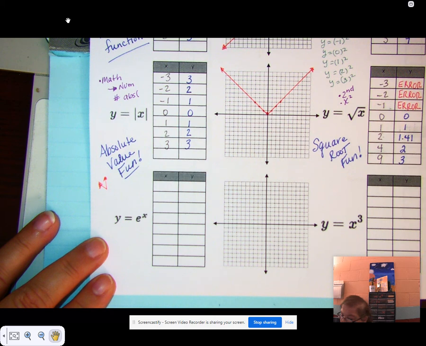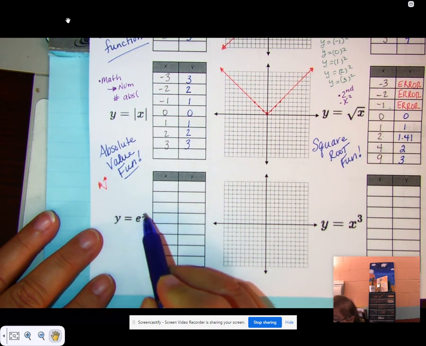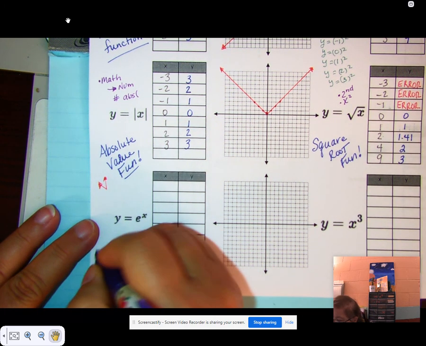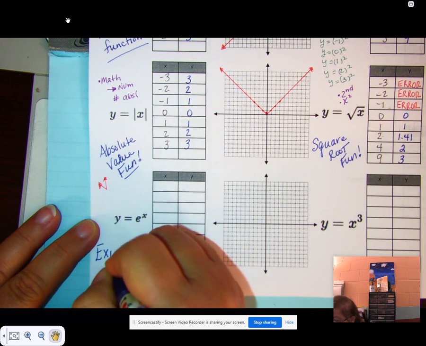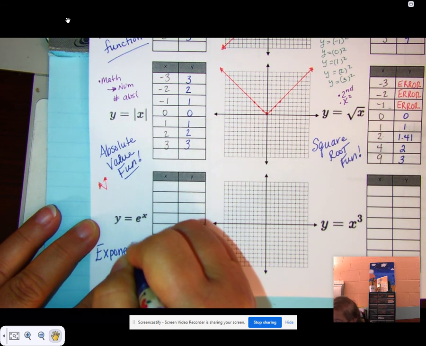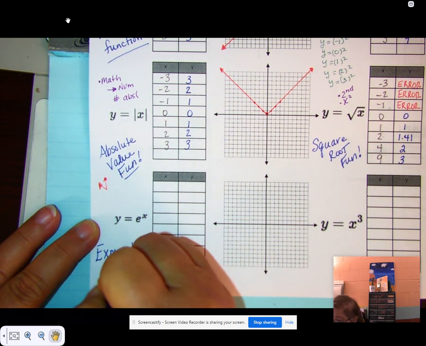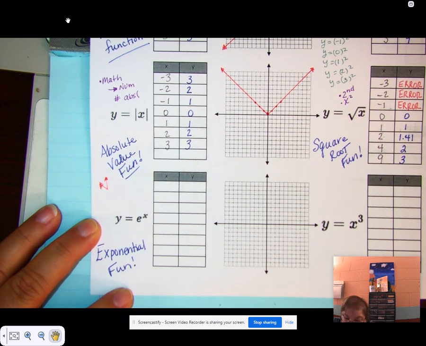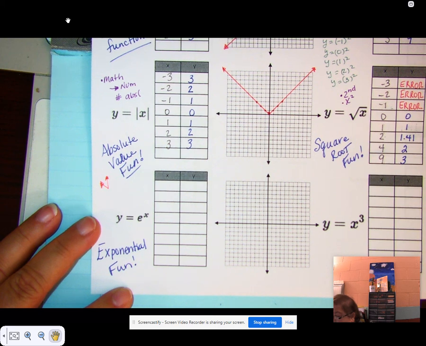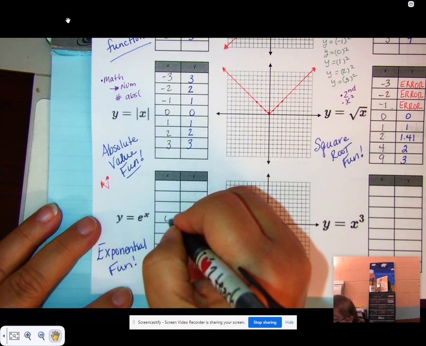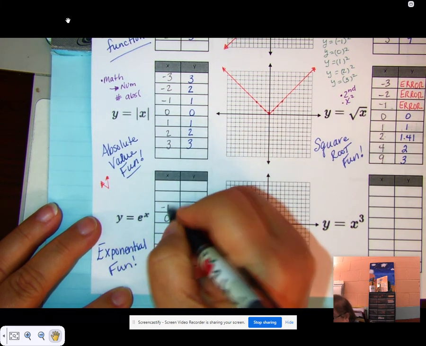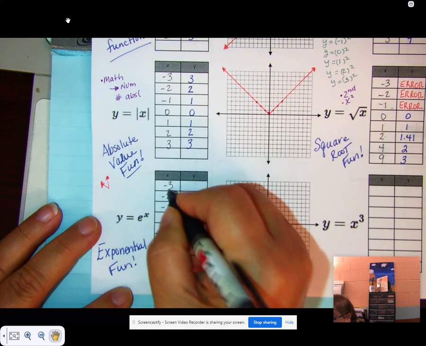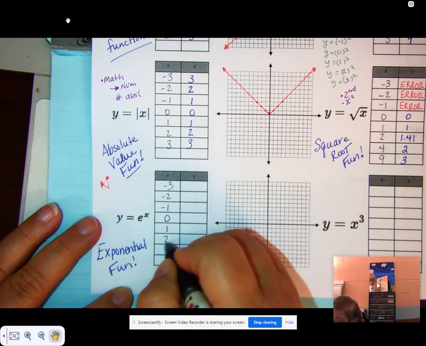Okay, our next one is our next parent function. What is this called right here? An exponent. So this is an exponential function. So it's exponential fun. Okay. So let's see what this does. We're going to start 0 about in the middle there. -1, -2, -3, and then 1, 2, 3.